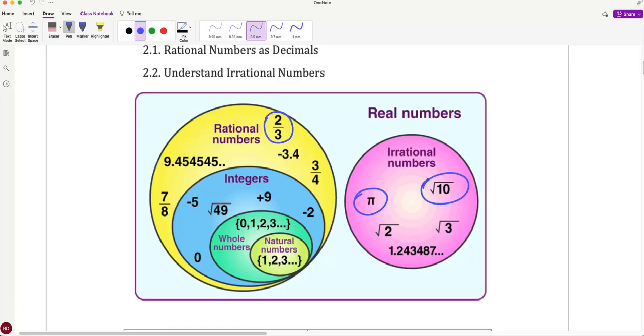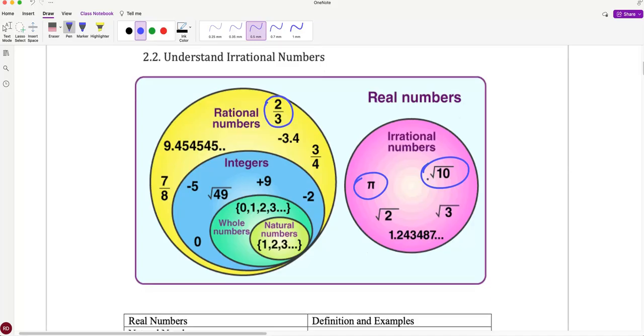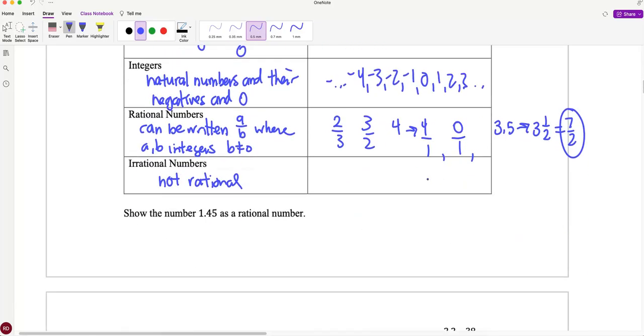The square root of 10, okay? The square root of 9 is 3. The square root of 16 is 4, okay? But the square root of 10, what number you multiply by itself to get 10, is not an integer value. Okay, so these are the irrational numbers. So examples of that, the square root of 2, pi, things like that, okay?